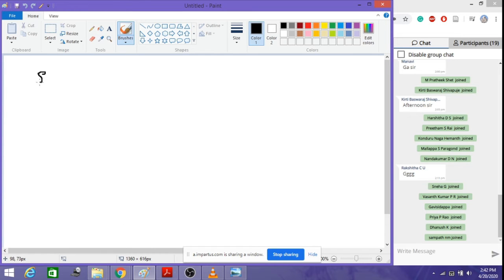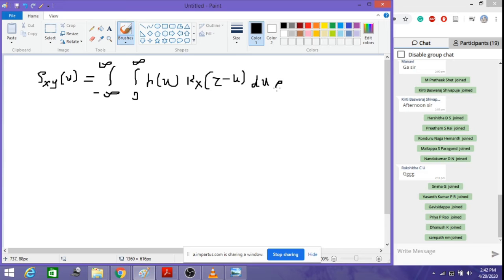So when we substitute, we get Sxy of omega is equal to an integral from minus infinity to plus infinity, an integral from 0 to infinity of h of u into Rx of tau minus u into du, into e power minus j omega tau into d tau.